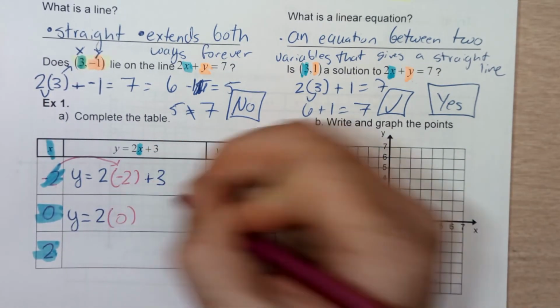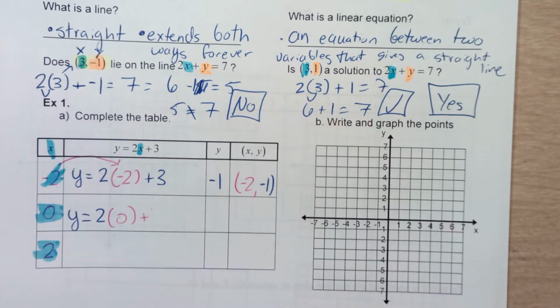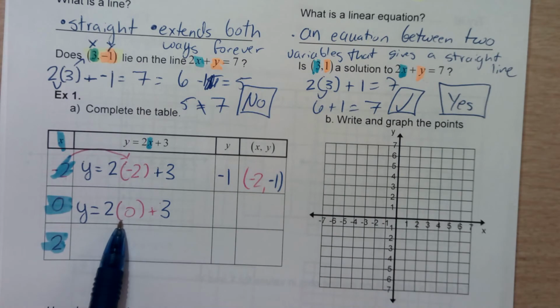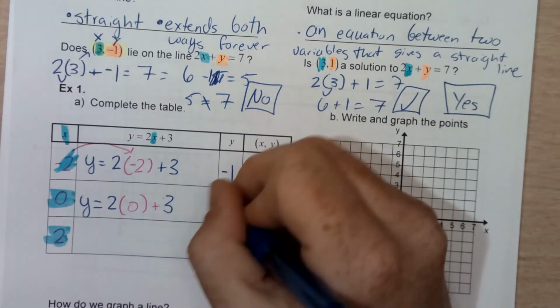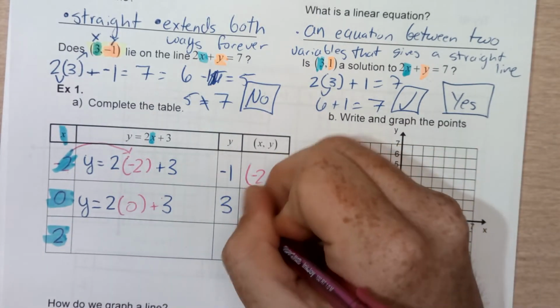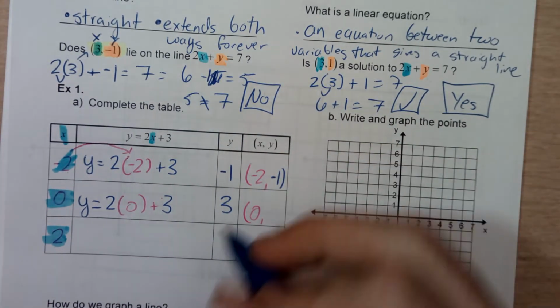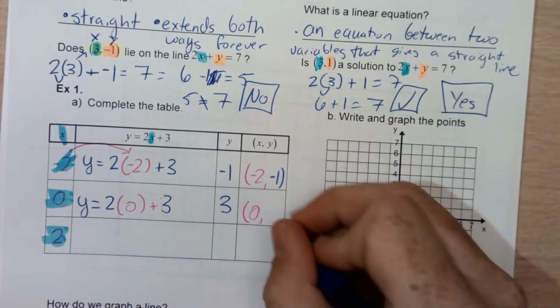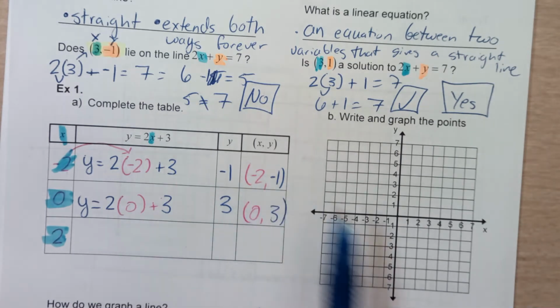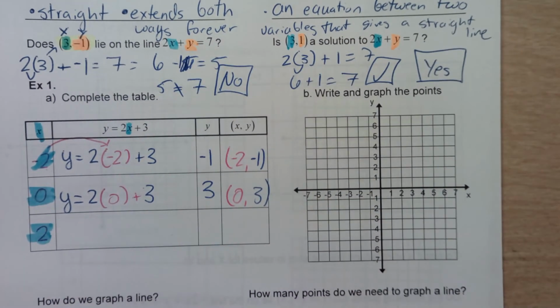So I have 2 times 0 plus 3. 2 times 0 is 0. 0 plus 3 would give me 3. So my y coordinate for this would be 3. So then my ordered pair would be 0, comma, 3. This is my x, this is my y. We'll move on to the next one now.